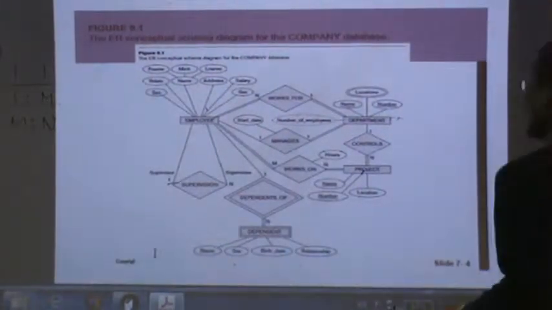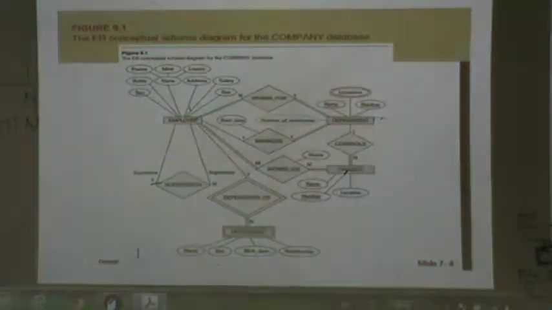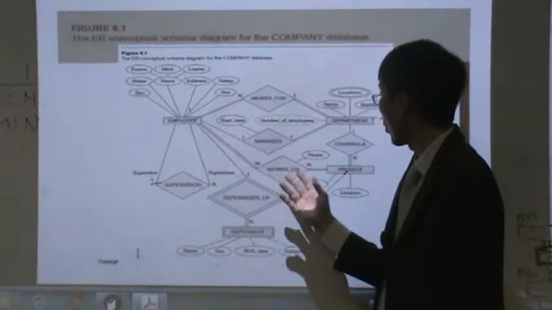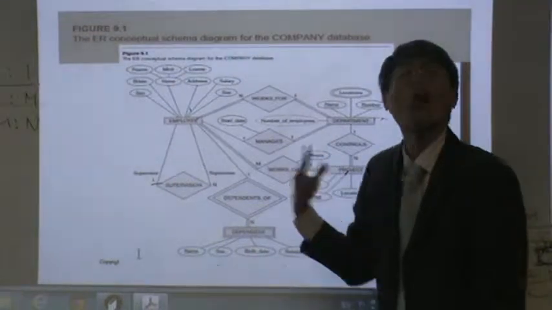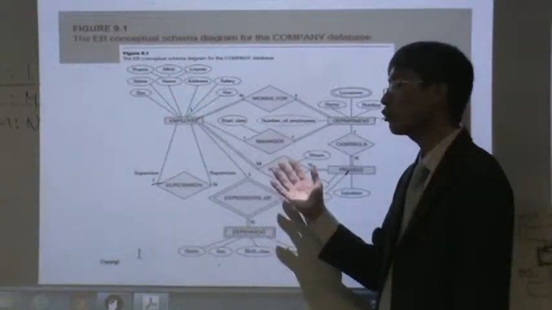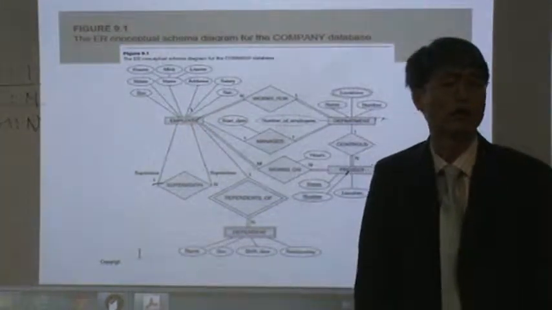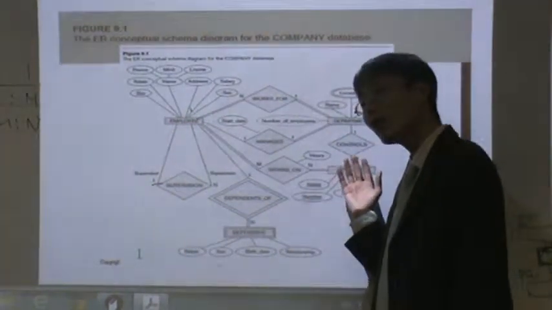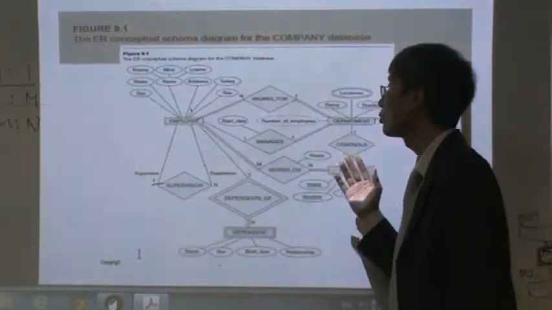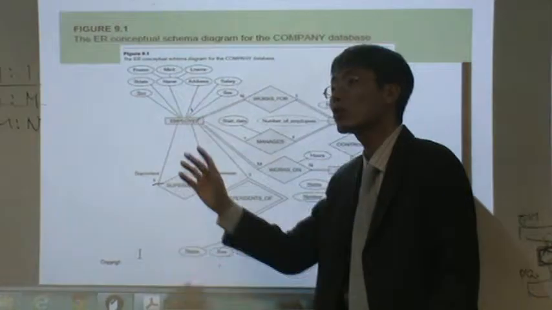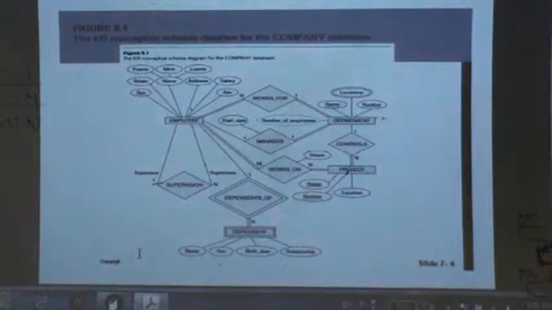However, in practical implementation in a relational database, we should know what this hour is for. Because it's a many-to-many, using only the employee, we cannot identify. Using only the project number, we cannot identify. We should know both of them. So that is the reason we need to create the in-between table.